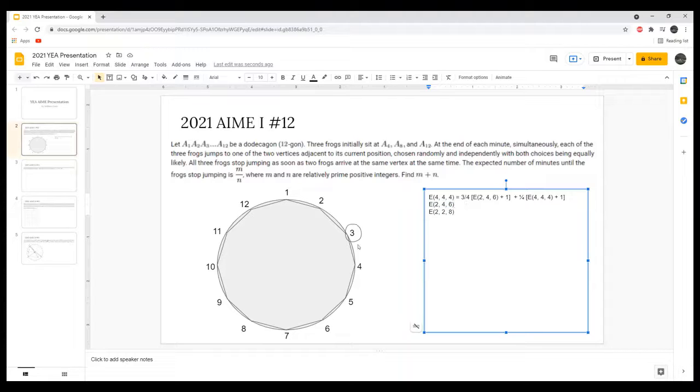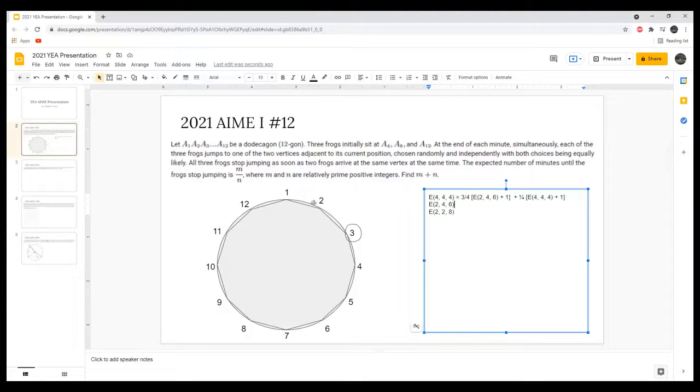So let's consider what happens. This time the situation is not symmetric as it was in 444, so we'd have to do several different cases.